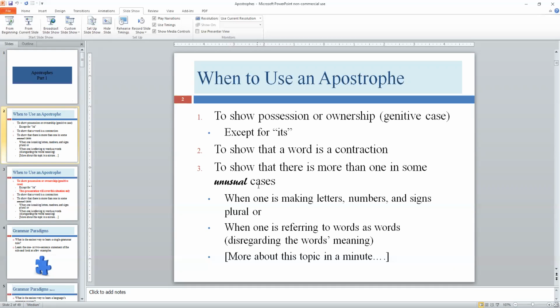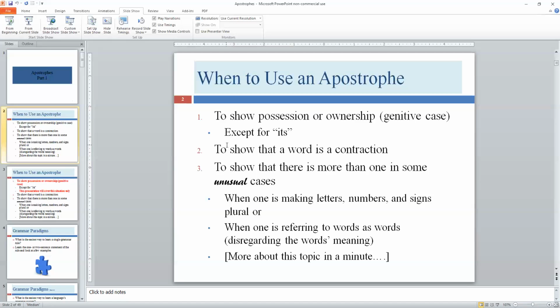So when we go through this material, if you think to yourself, you know what, I find this confusing. I'm not sure what an unusual case is that I can use an apostrophe, and what's a usual case that I'm not supposed to use an apostrophe. If you find that confusing, or if you think to yourself, I'm just not going to remember this, it's better for you to forget entirely about category number 3.